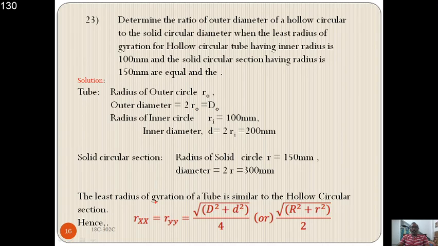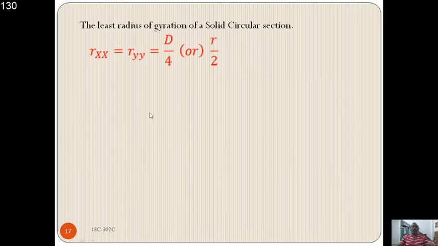The least radius of gyration of a tube or hollow circular section is Rxx equal to Ryy equal to square root of capital D square plus small d square, whole divided by 4. Use that formula to determine the Rxx of the hollow circular section.